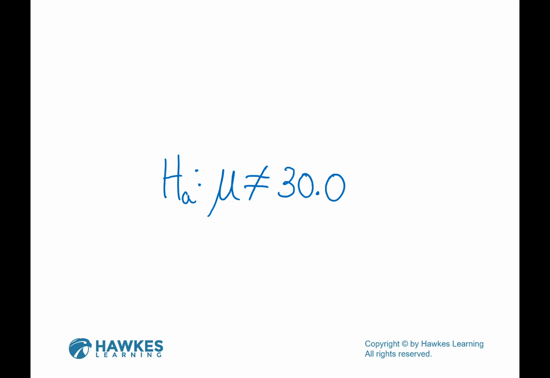So if we don't have any indication whether or not our number should be more than some number or smaller than some number, we just want to test to see if it's different than some number, then we can use the not equal to symbol. Because if it's more, it's not equal to. If it's less, it's not equal to. So it works both directions.